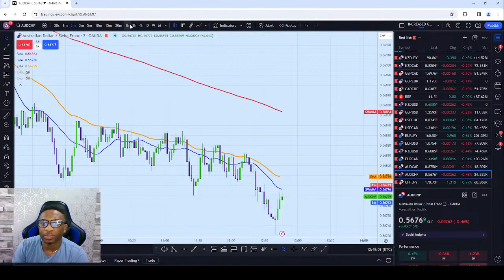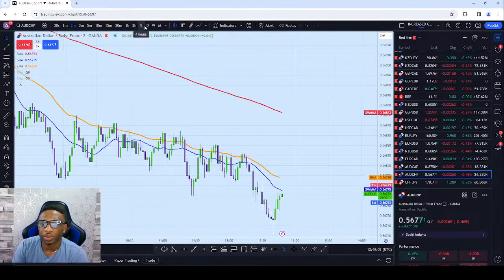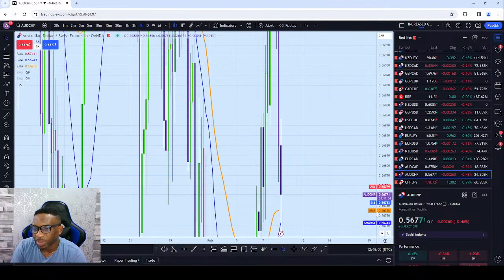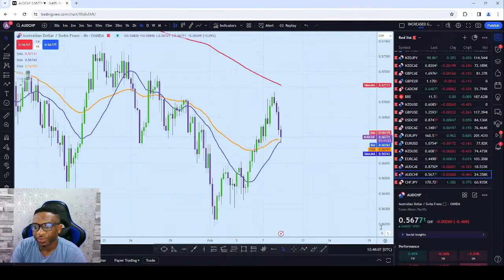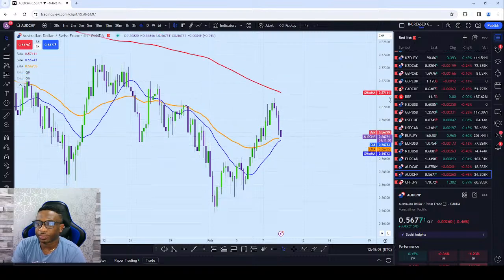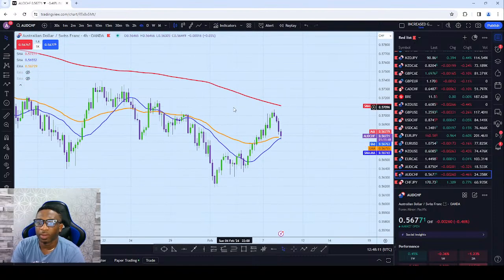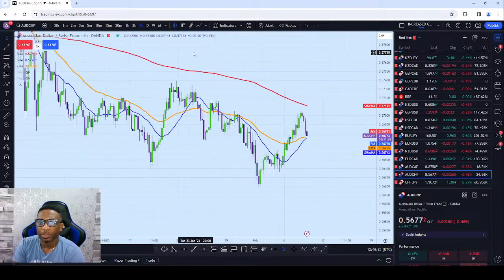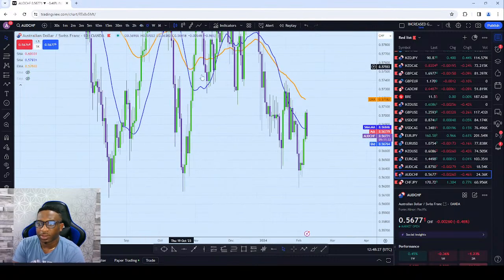But currently, let's pop to the 4 hours. Let's see what is happening on the broader view. Yeah, so on the 4 hours, it was coming from a wider state, closed up a bit, and so this is a pullback.